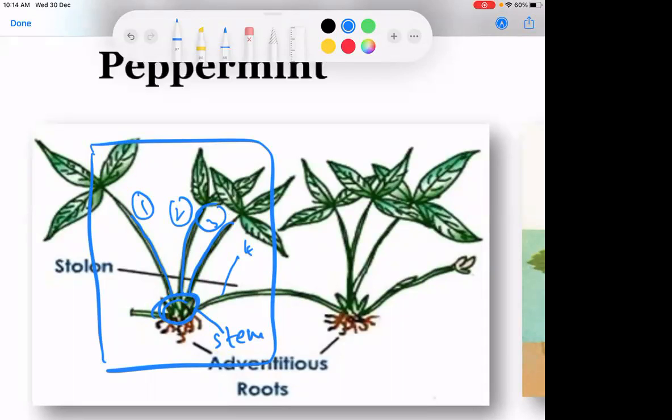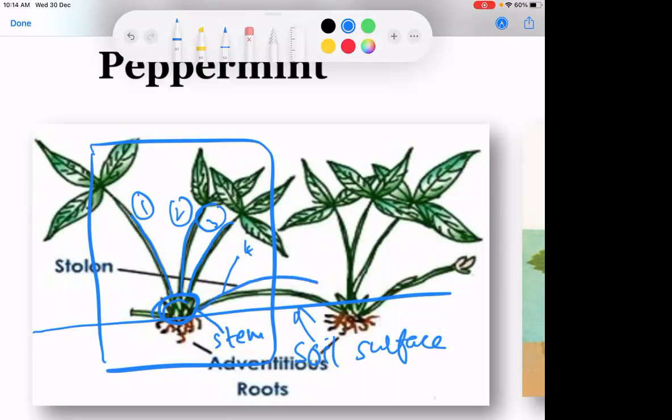Now the fourth one is the branch which is nearest to the surface of soil. Ready? It is nearest to the surface of soil. Now that branch actually touches the soil at the tip.